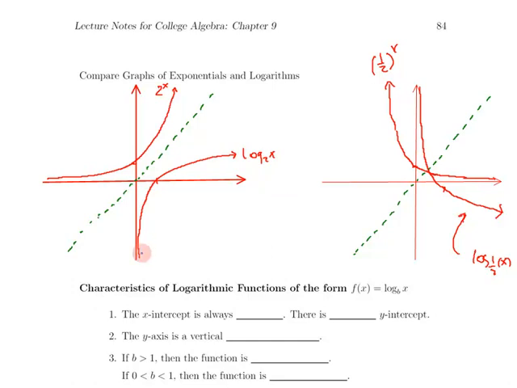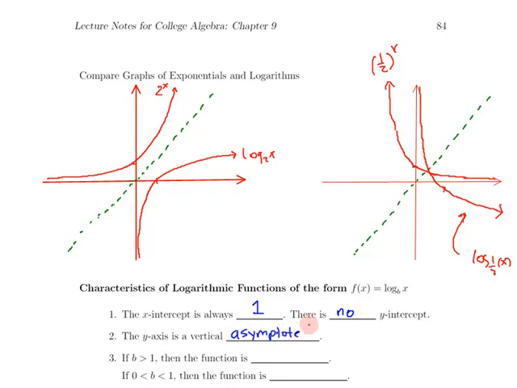Here are a few characteristics to note about the logarithmic functions, log base b of x. The x-intercept will always be 1, and there is never a y-intercept. In both cases, whether it's log base 2 of x or log base 1/2 of x, if your base is bigger than 1 or less than 1 but still positive, your y-axis is always going to be a vertical asymptote.